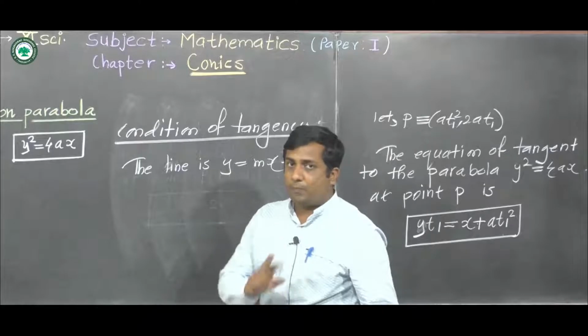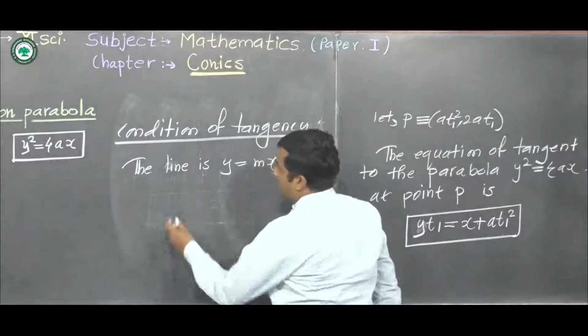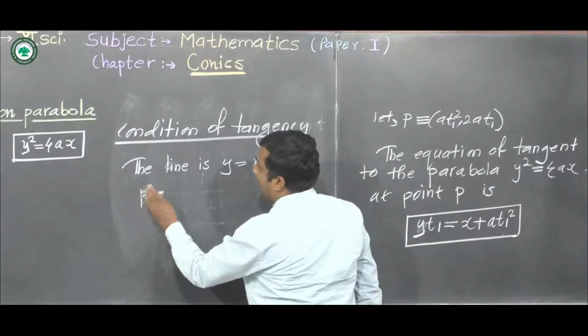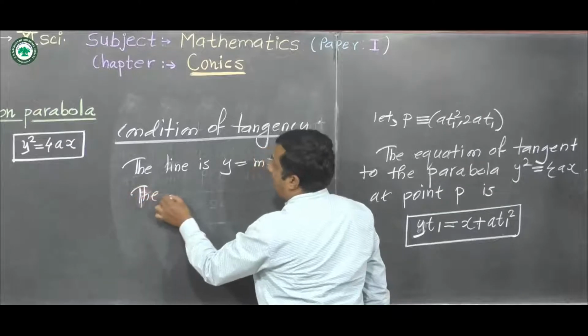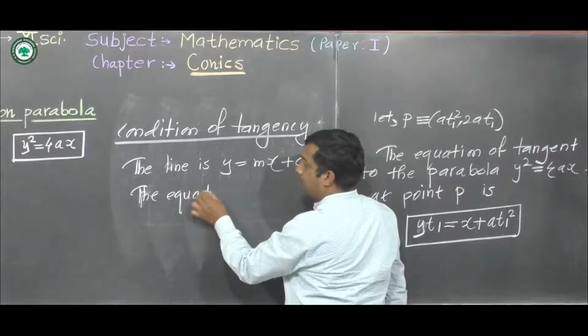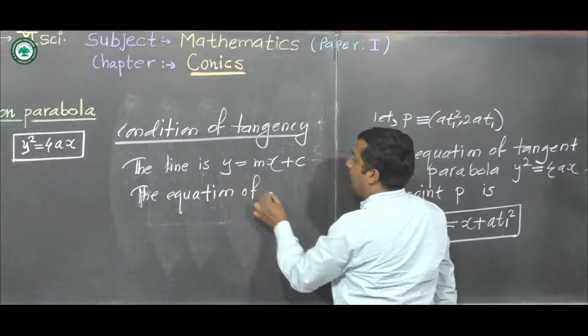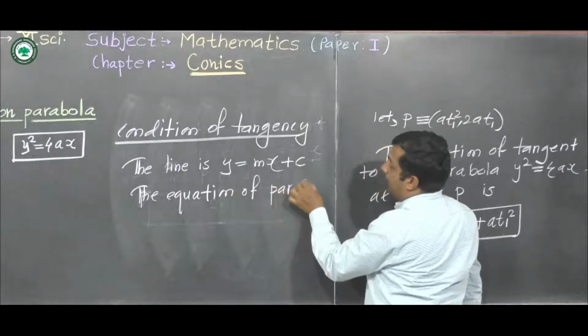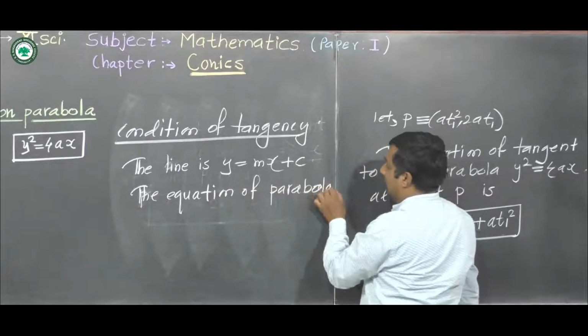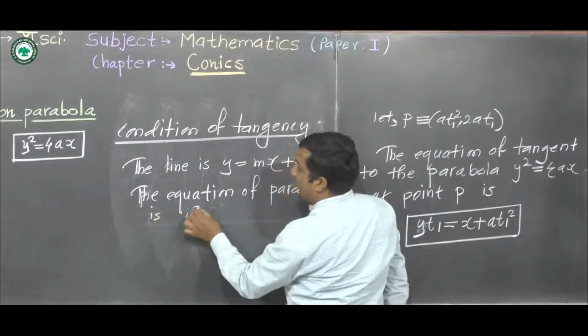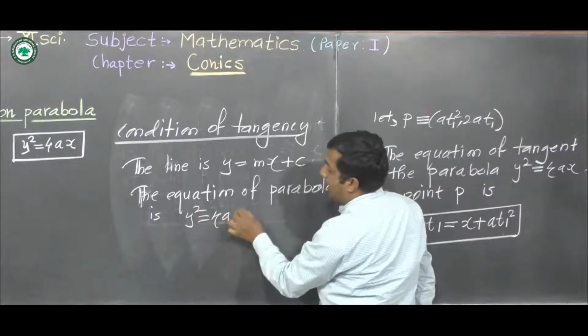Then we consider the equation of the parabola, y square is equal to 4ax.